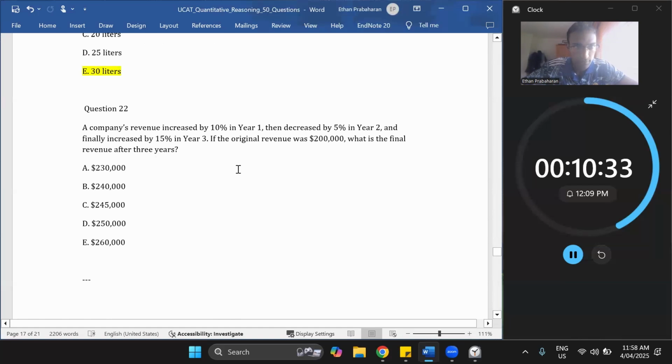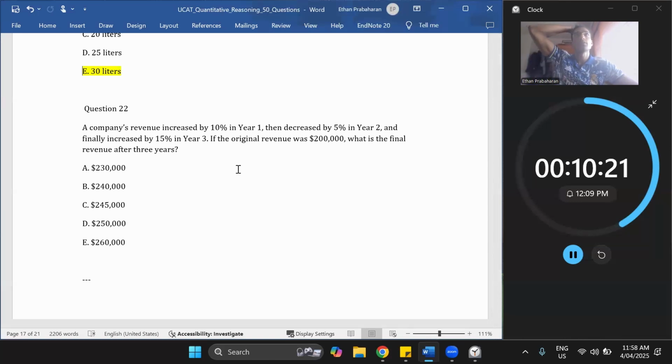What's the final revenue after 3 years? Increase 10%, decrease 5, increase 15. Great. So it'll be 220, then decrease by 5%. So then 10% would be 22. So 5% would be 11. So we go from 220 to 209, and that would increase by 15%. So 209K.